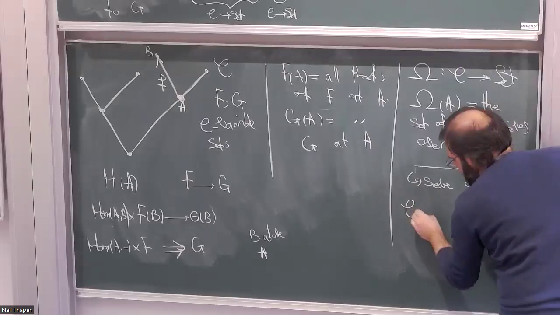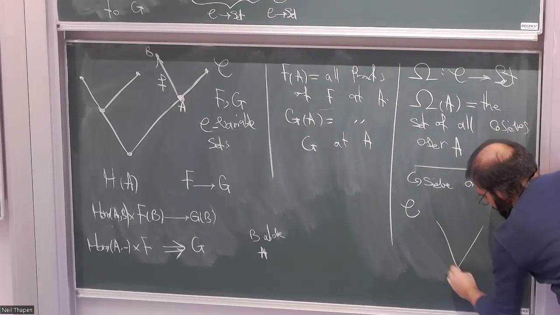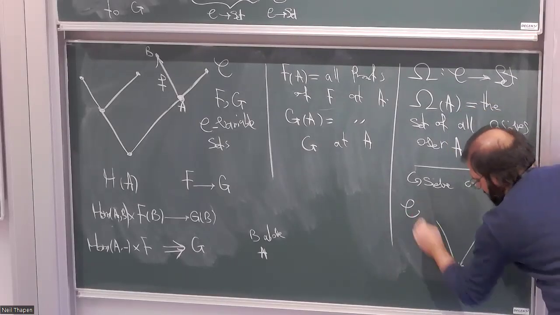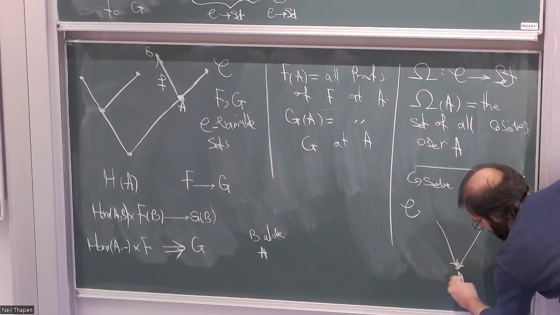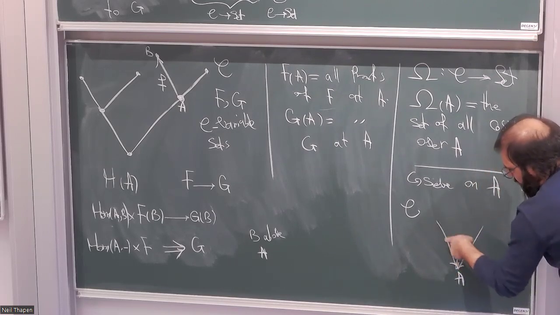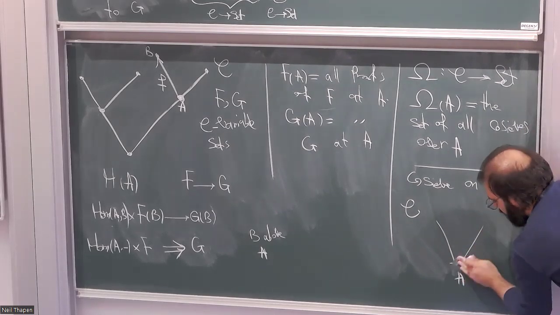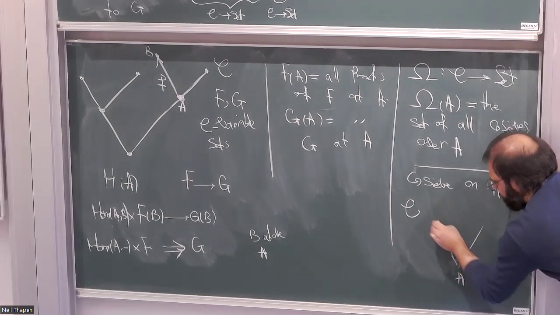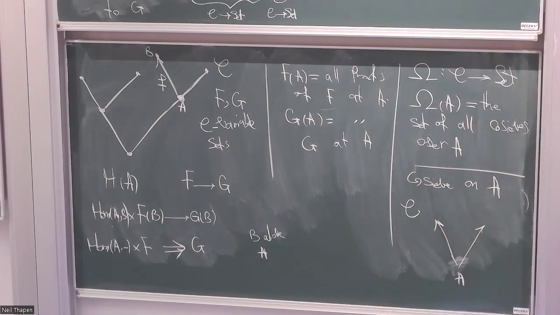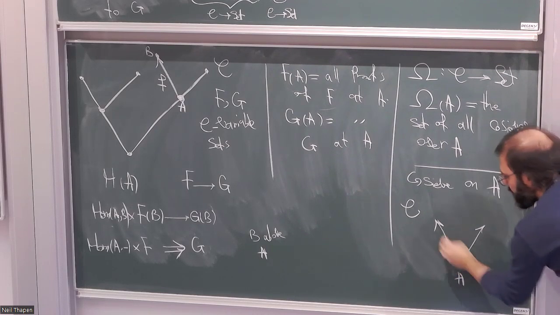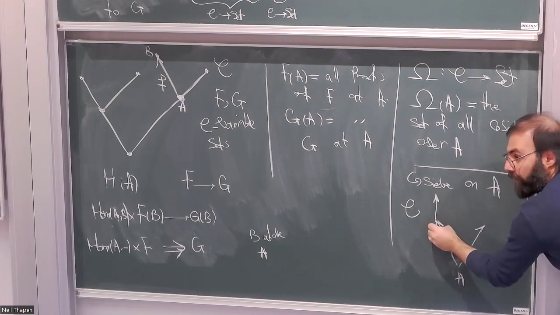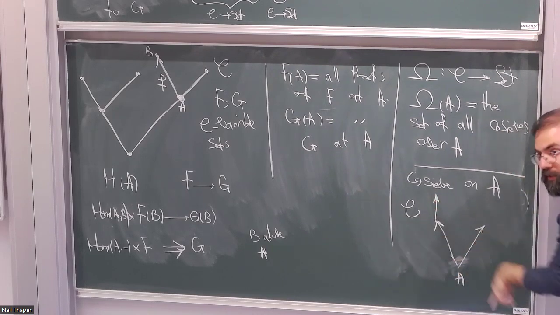So you have a category like this. This is your category C. This is your A. So it is the set of morphisms from A to something such that it is closed under composition from above. So if you have this, then if I compose it with any map, it is also inside the set.